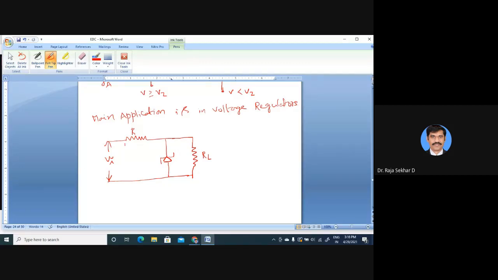The voltage across this resistor is VR, and the total current is I. This current is called IZ. This is IL. This is the output voltage V0.